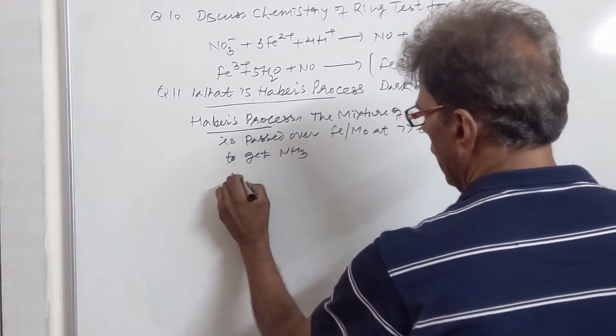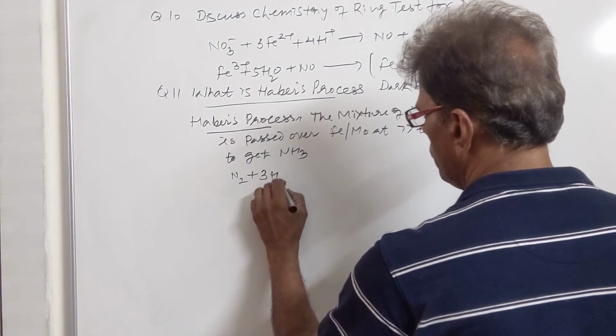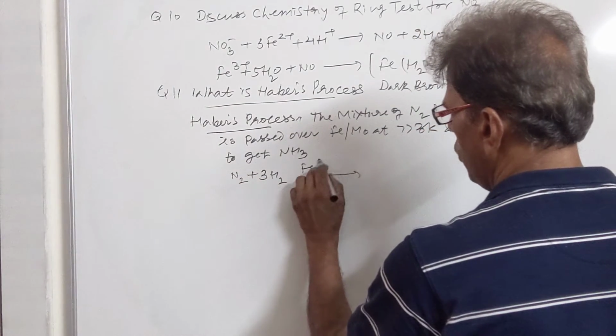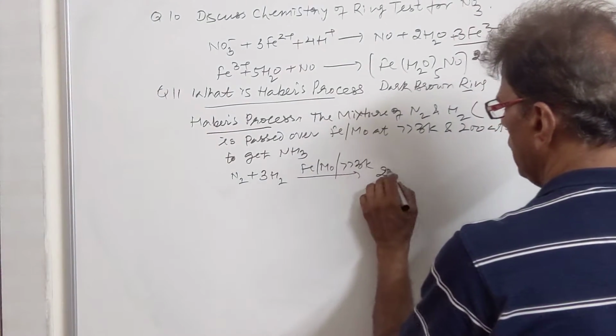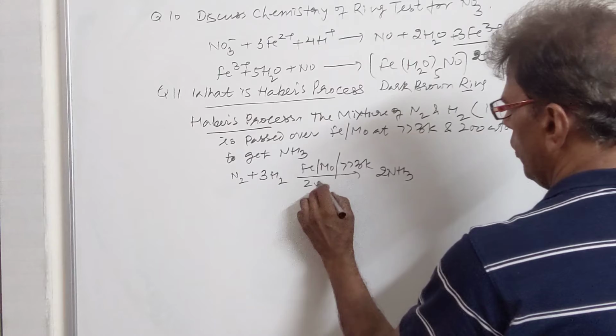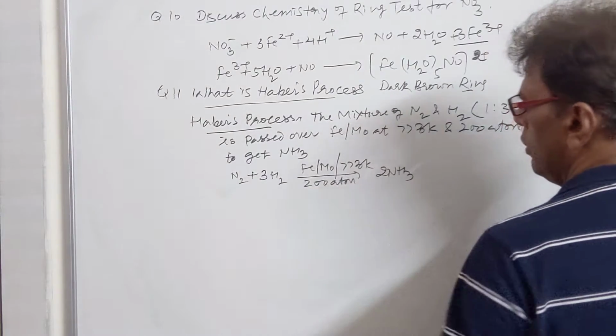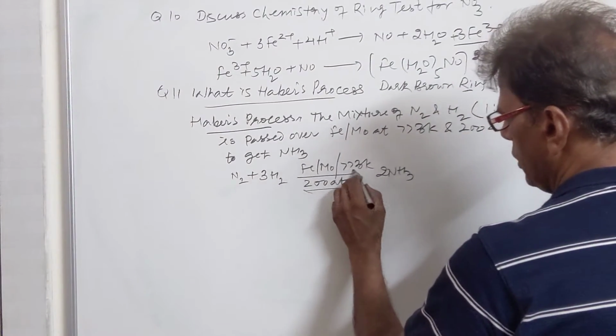So we get N2 plus 3H2, with iron, molybdenum, 773 Kelvin, you get 2NH3 at 200 atmosphere. Now this reaction is actually a reversible reaction.